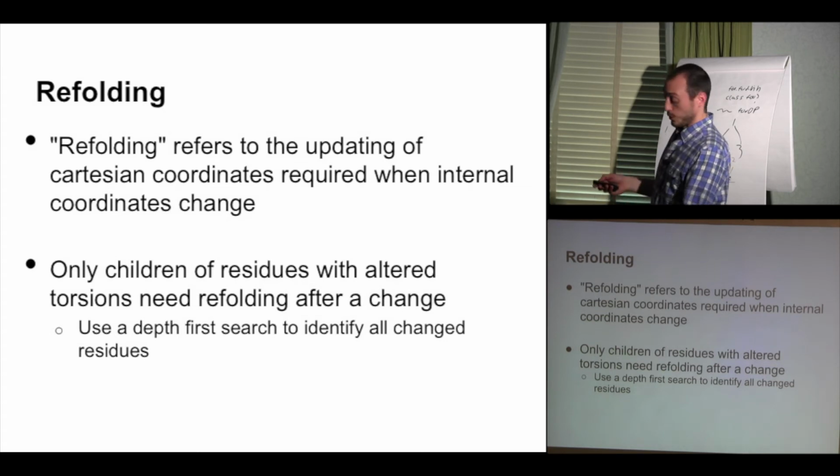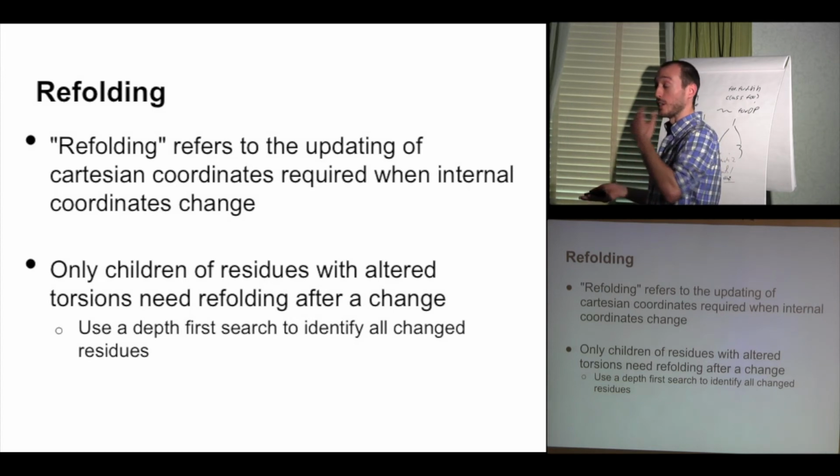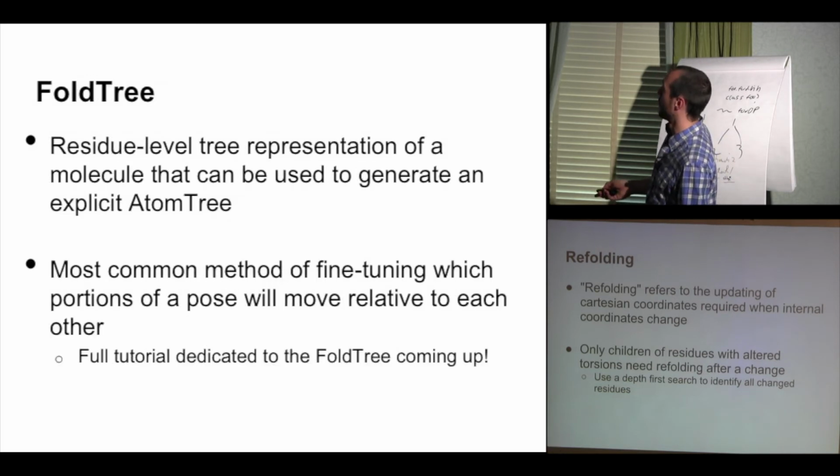The way this works in Rosetta is you keep a list of all of the internal degrees of freedom that you've changed, and then you find the minimum set of nodes that you need to change downstream of, and then you propagate through those changes and update your Cartesian coordinates based on your new internal coordinates. This happens a lot.